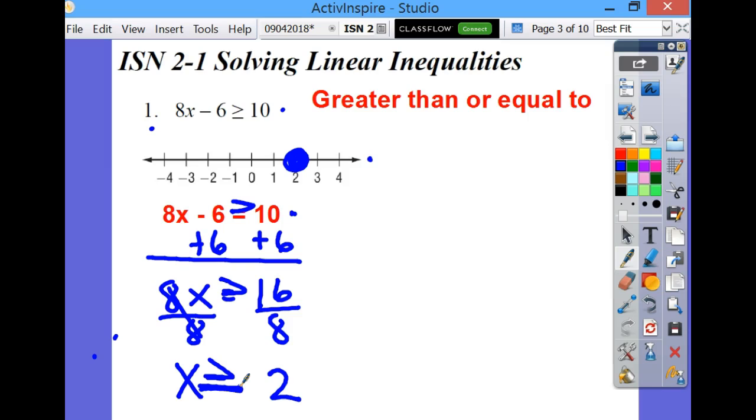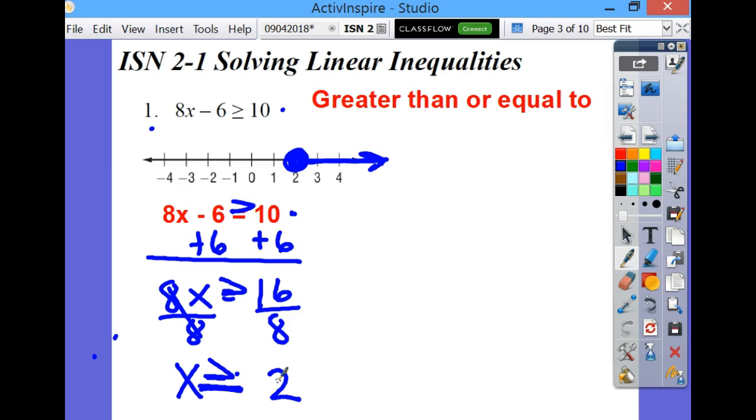Now, if you have this set up correctly, where X is on the left, this arrow tells you which way to color from that 2. This points to the right, so I color to the right. This is where the numbers that are greater than 2 are located. So if the X is first, like it's supposed to be, then this tells you which way to color. Now, we have it solved.